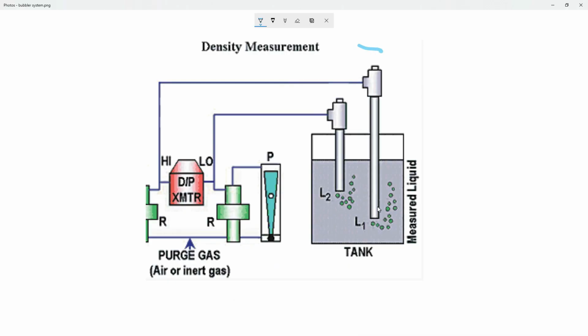See here, guys, this is the example. There is a height here and another height here.